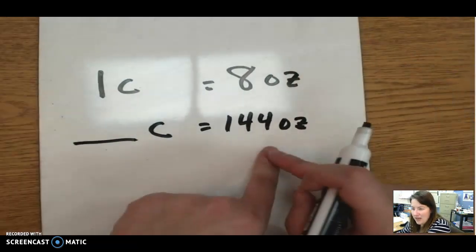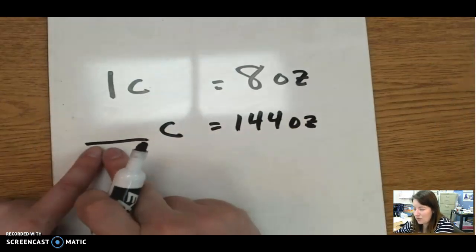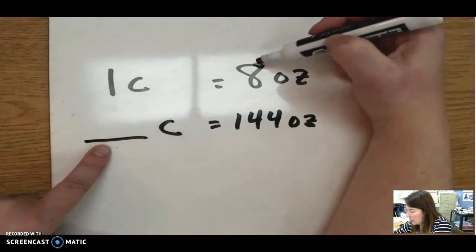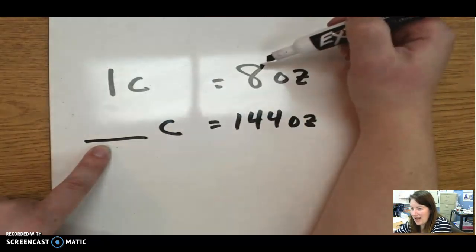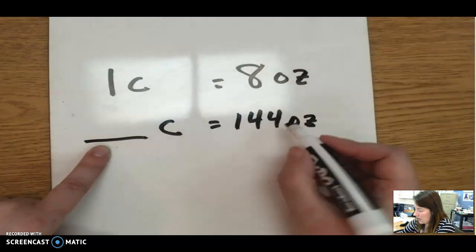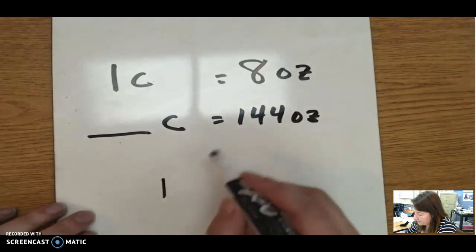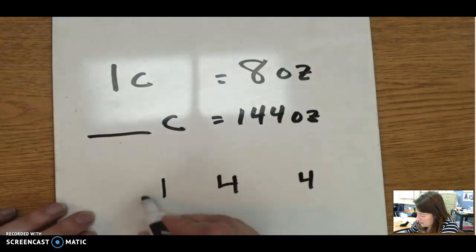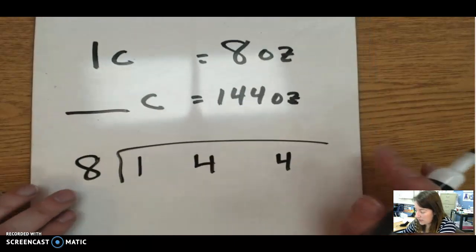I have 144 ounces, and I'm trying to get back to cups. So up here, I went from a larger number to a smaller number. To do that, I'm going to have to divide. So I need to divide 144 divided by 8 to see how many cups this is going to equal.